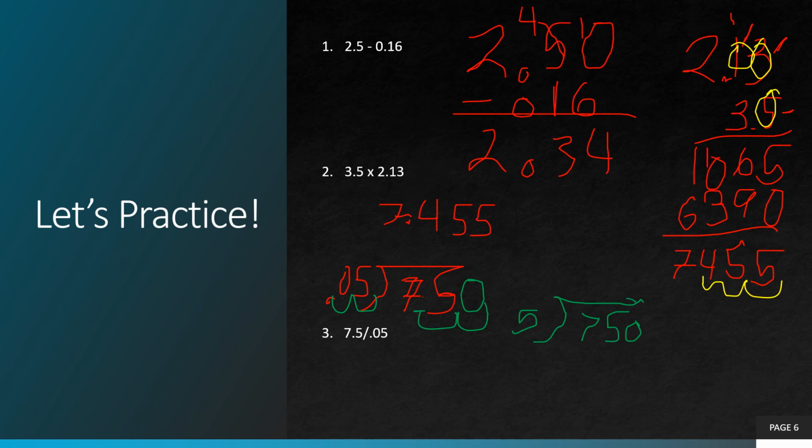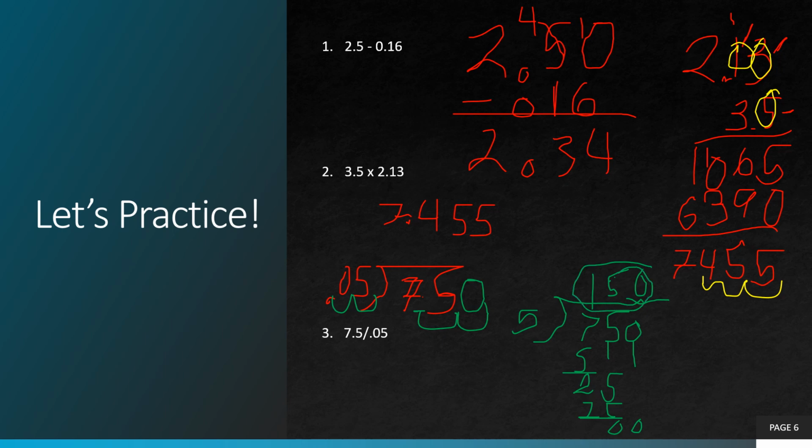So now 5 goes into 750. We know that 5 goes into 7 once. 7 minus 5 is 2. Bring down our 5. Goes into 25 5 times. 5 times 5 is 25. 0. Bring down our 0. And our answer is 150.